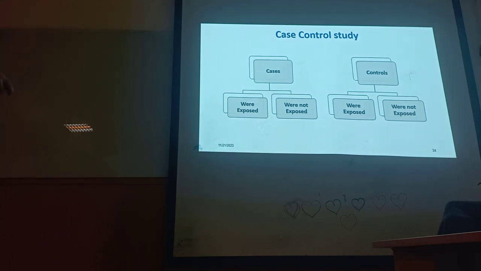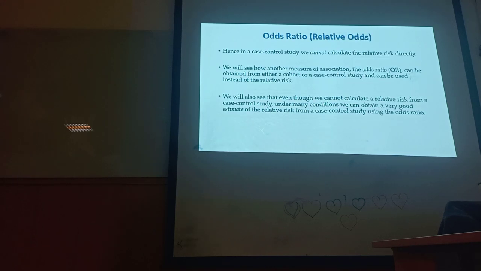So the proportion of exposure to smoking in cases and controls can be compared. If the proportion of exposure in these 100 cases who have asthma is greater compared to those who do not have asthma, we can say that smoking is associated with asthma, or smoking is a risk factor for asthma.